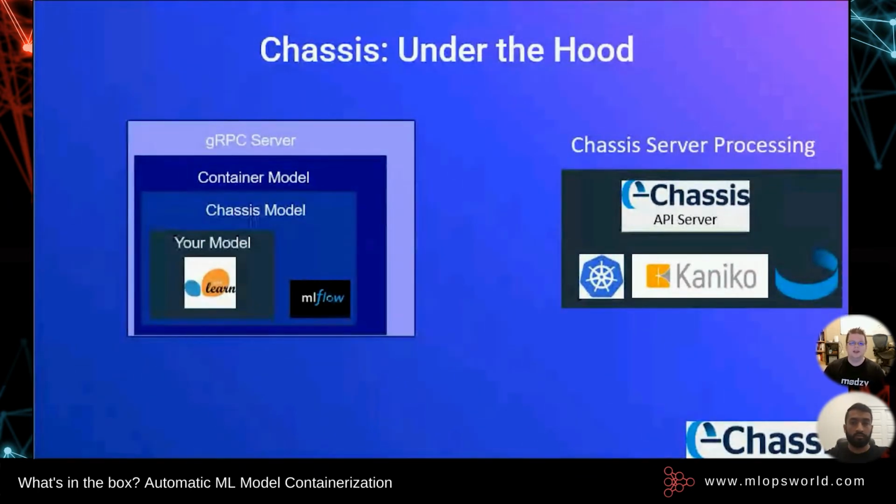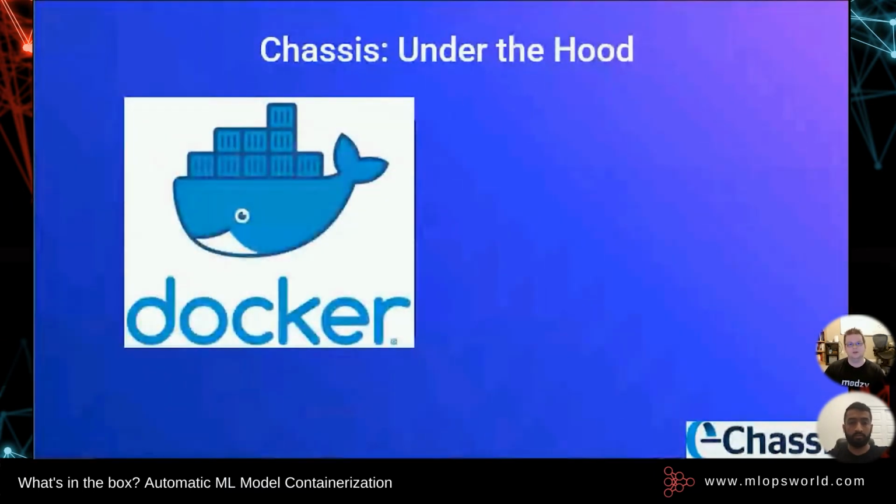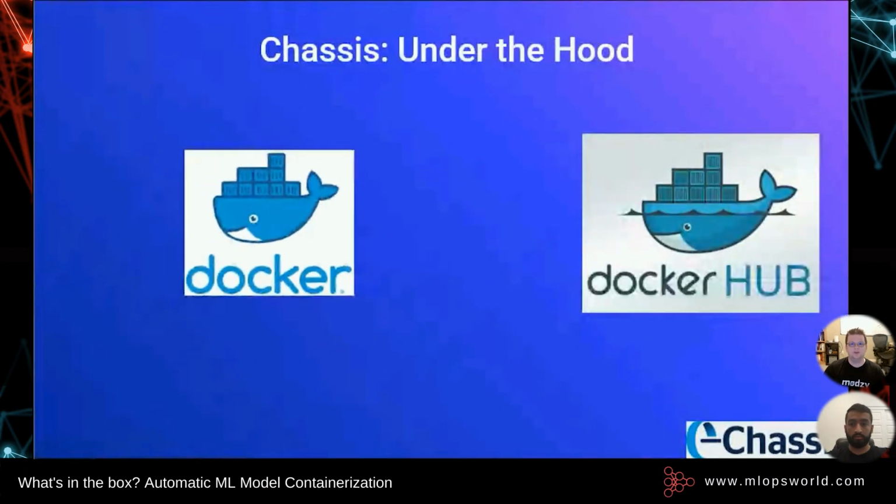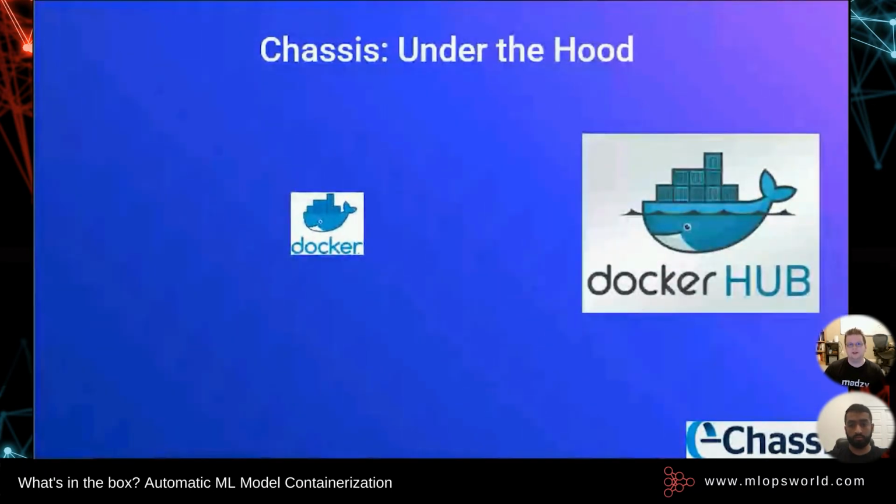And so Kaniko will then take all of the gRPC wrapped models, convert it to a Docker container, and then using the Docker credentials that you provided as part of that package data, ship it out to Docker Hub, where your container is then available for you or anyone you've given access to your repo to download and use anywhere that a Docker daemon can actually run. The containers that are built are OCI compliant.